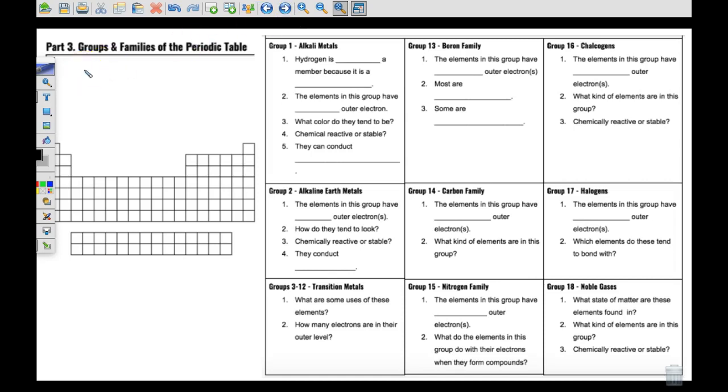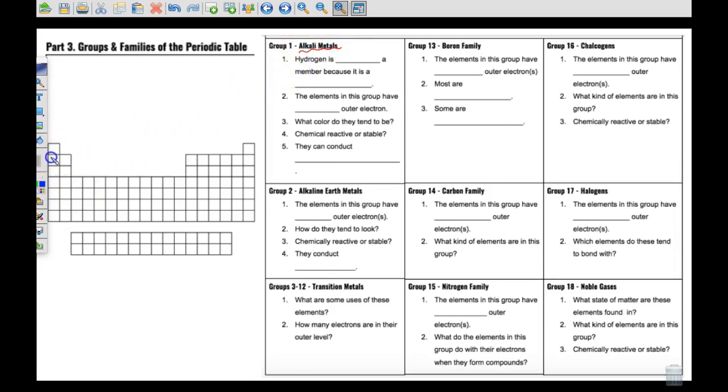After we turn the page, we're going to see that there are a multitude of families on the periodic table that we need to know some basic information of, specifically their names, where they're located, and if they're stable or not. So looking at this first family or group, group 1 is called the alkali metals.